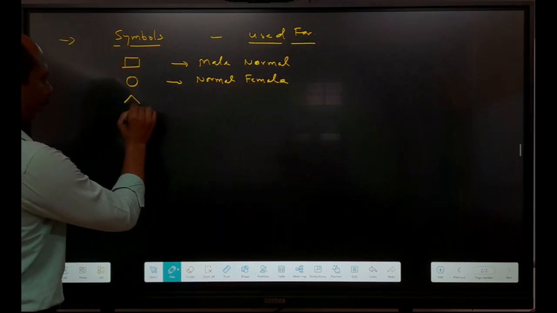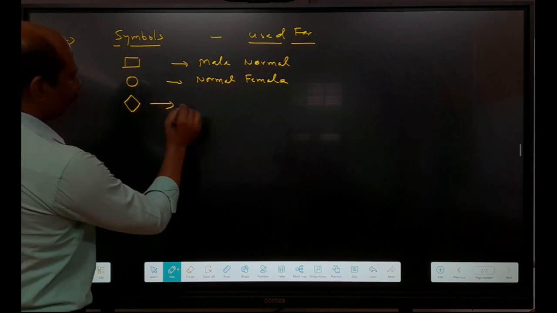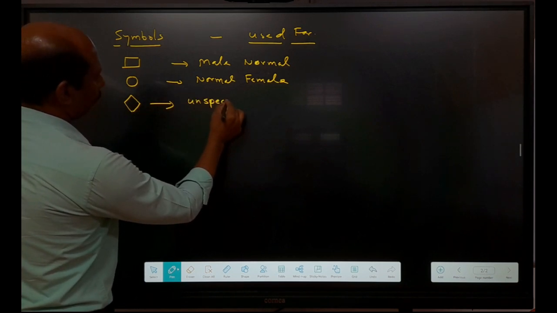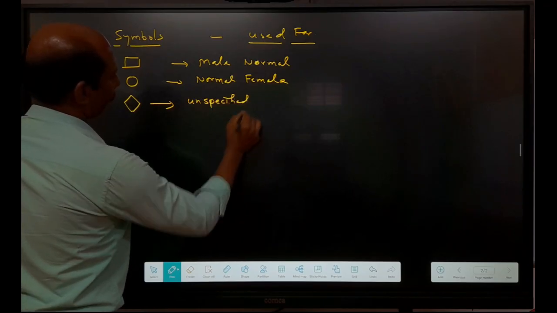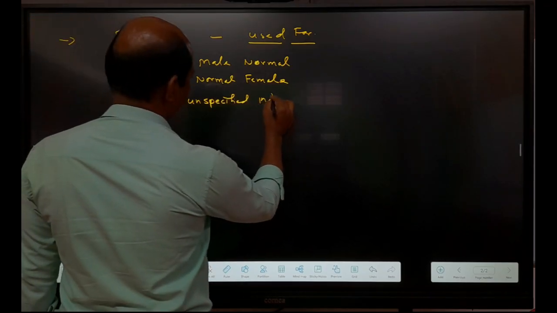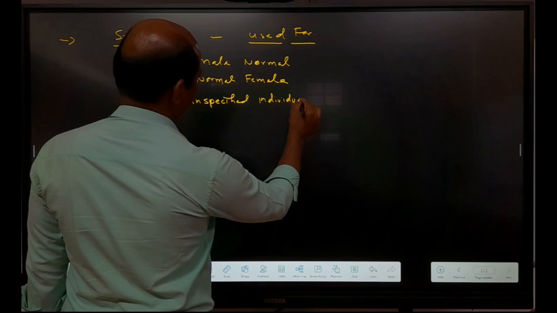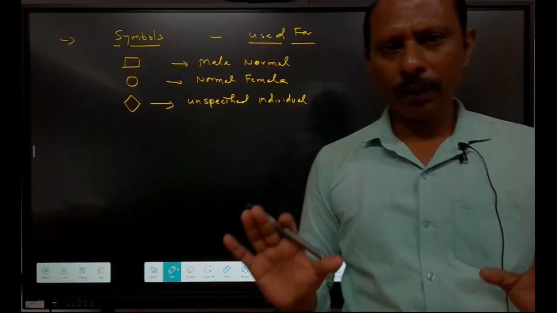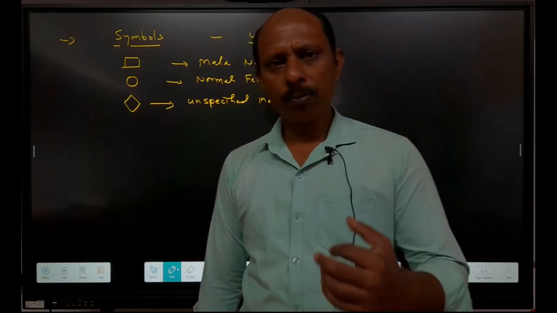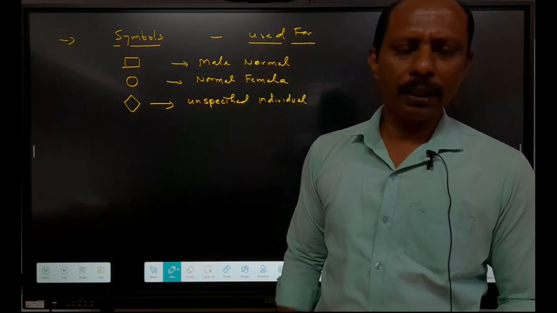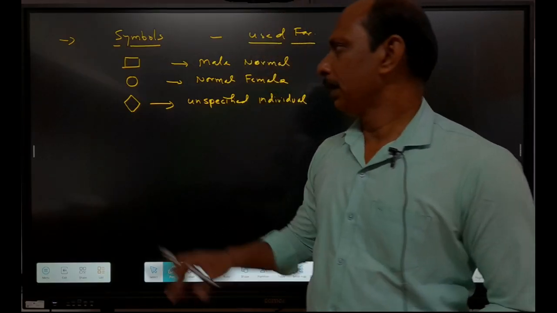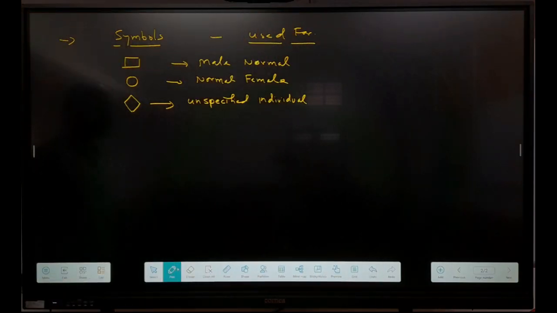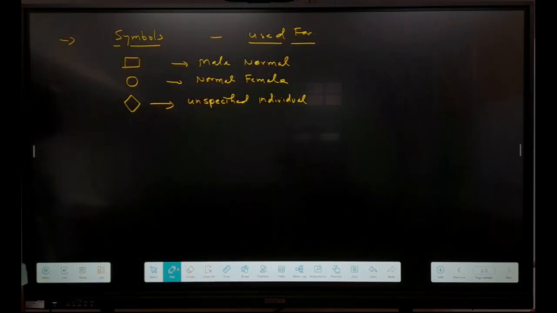Third, unspecified means not a circle, not a square. It is called an unspecified individual. That means in the family we cannot understand, okay, they have 3 children. One is a boy, one is a girl, but the third one is a girl or a boy, there is no idea. Then we use this symbol, right? Unspecified individual.